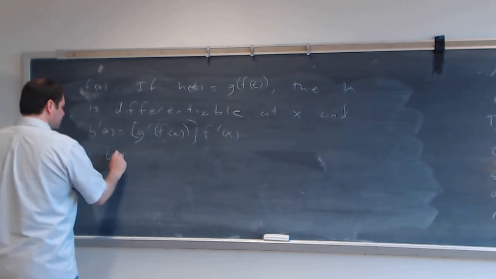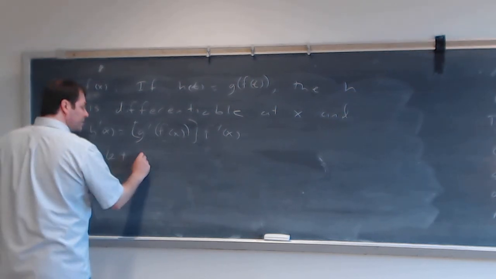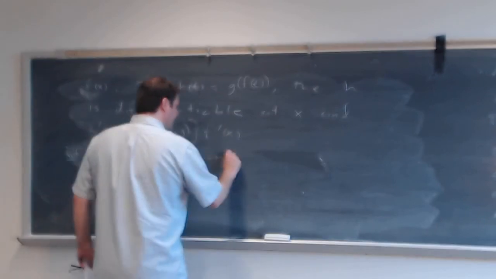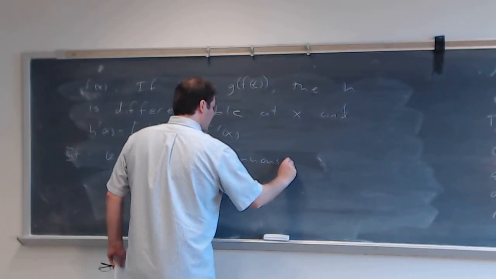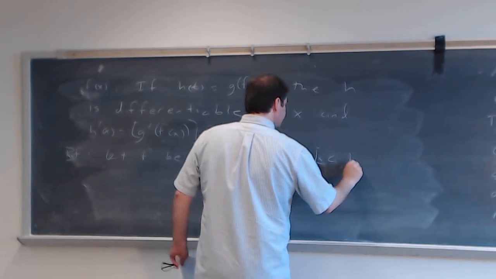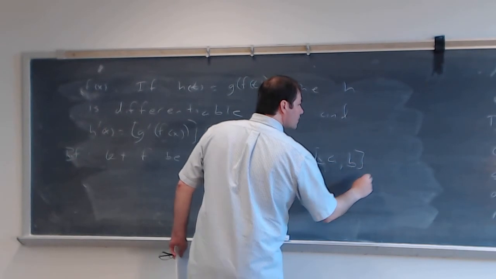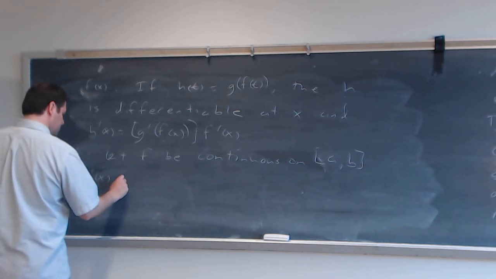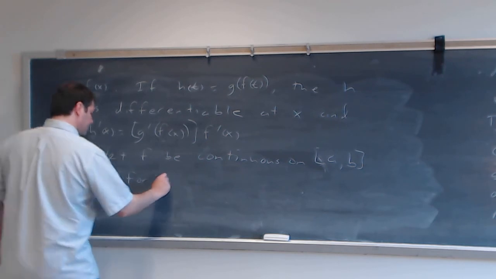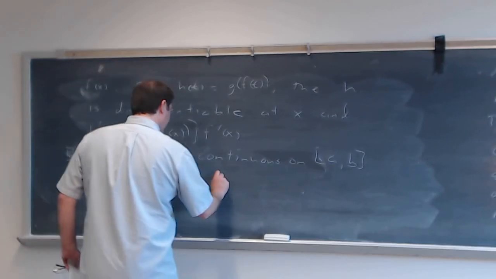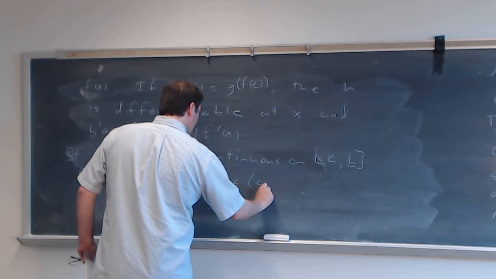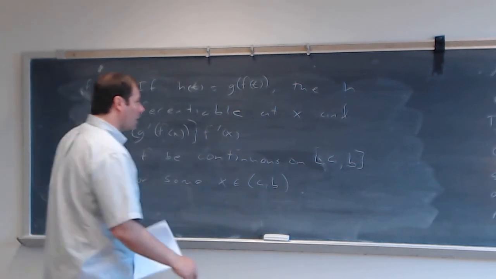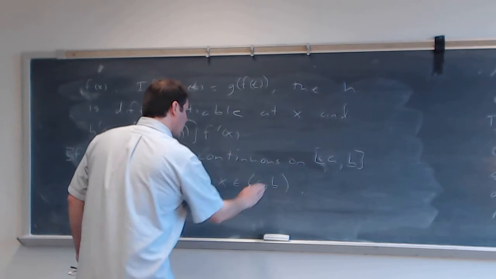Okay, we're going to assume the conditions here. Let f be continuous on a to b. f prime exists for some x element of the open interval from a to b. Well, it's the closed interval.